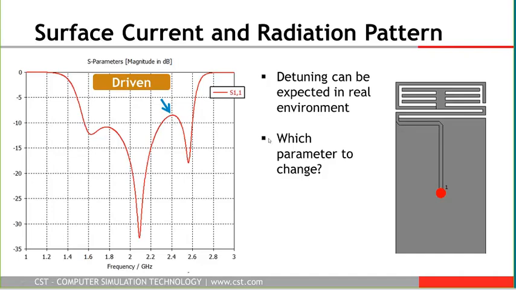So how to do that? So the question is, which parameter should I change in order to remove this error in the parameters, or this rise? And the question can be answered by characteristic modes.